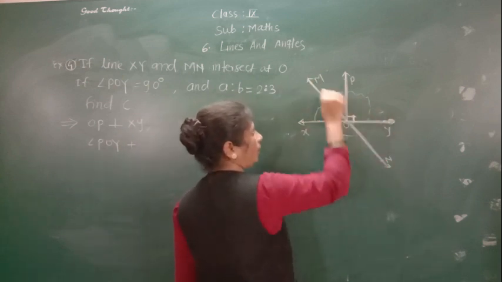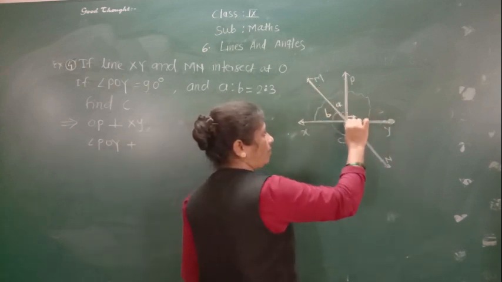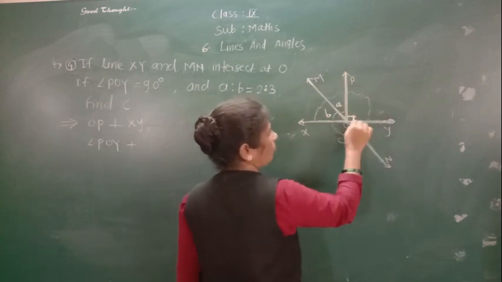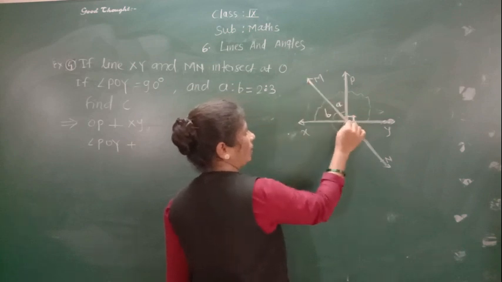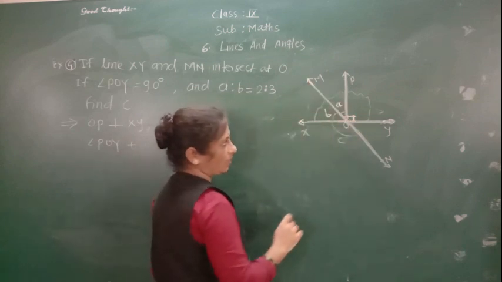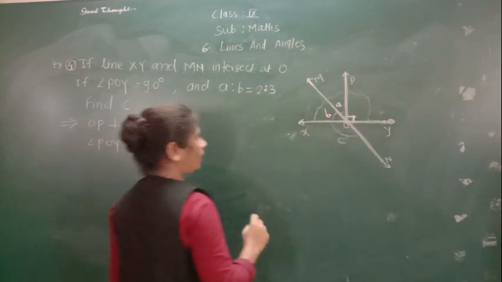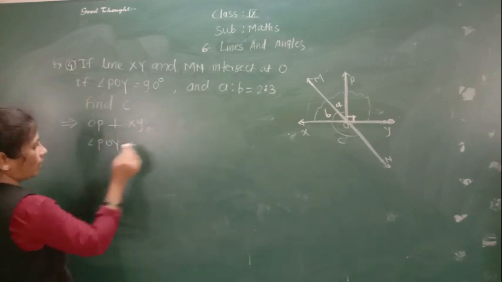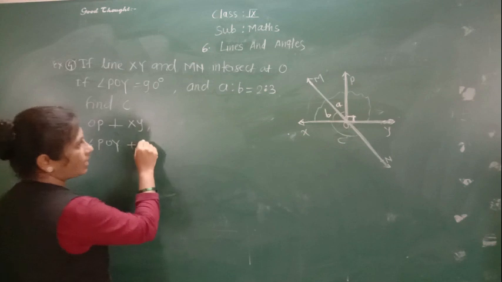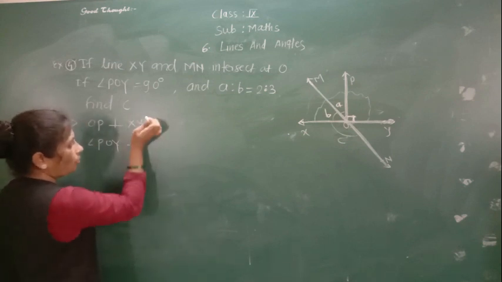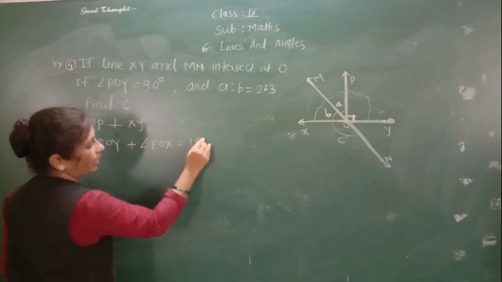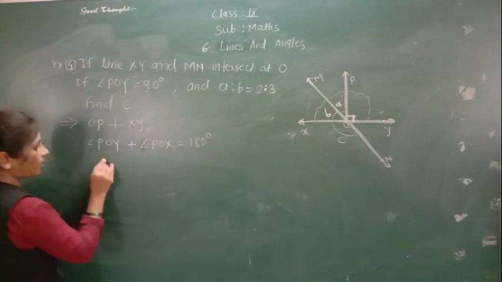If another way you take OM as a ray standing on XY, then the sum of all these angles will be 180 degrees.